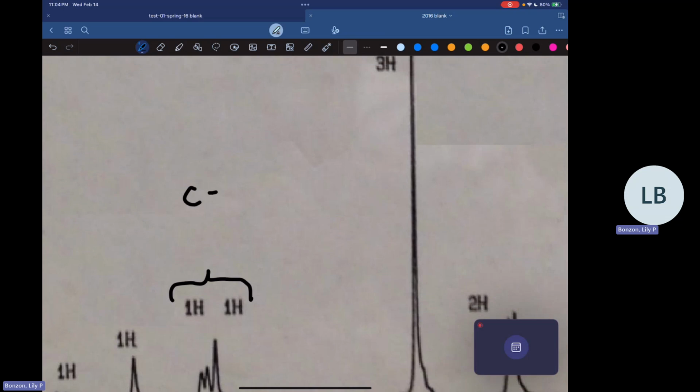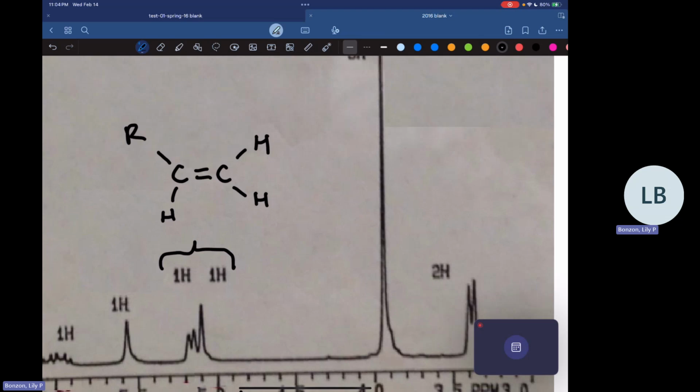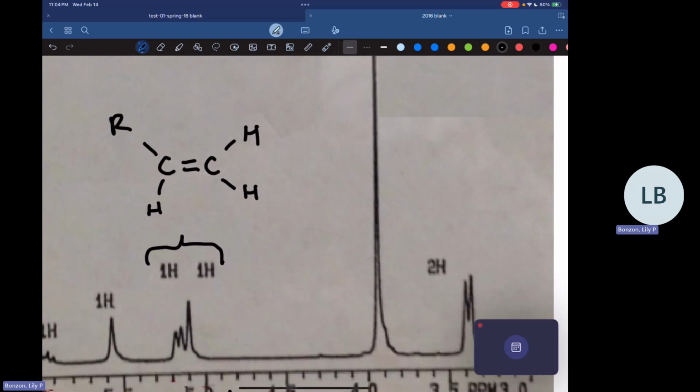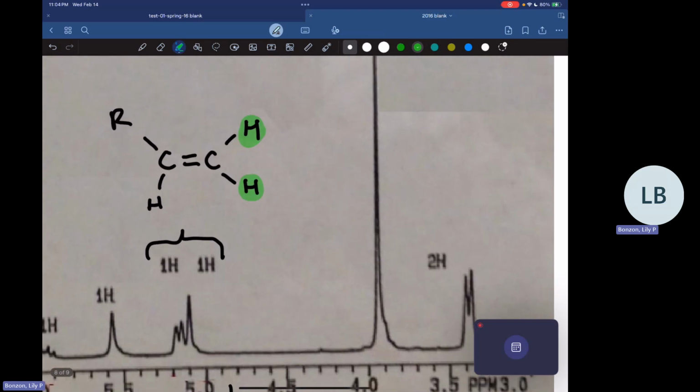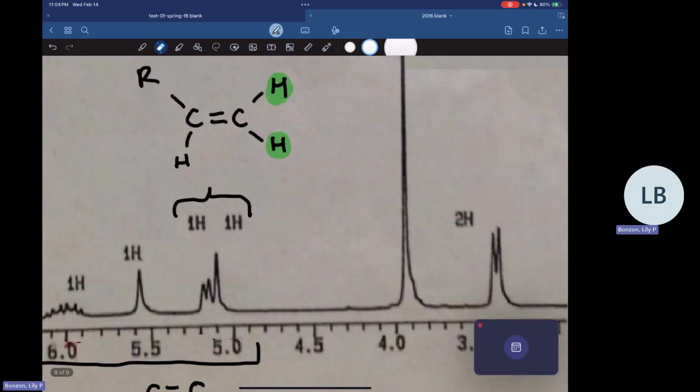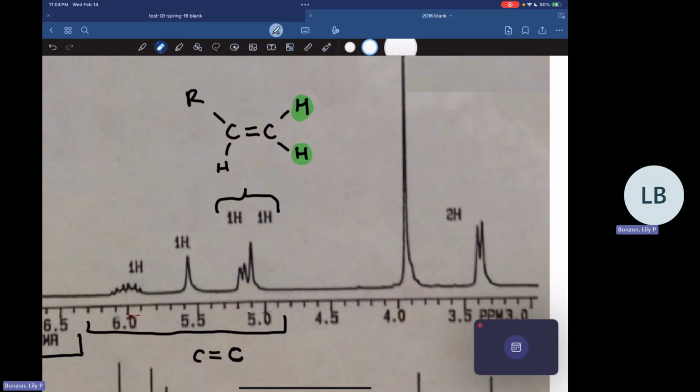The reason for that is if we have our carbon-carbon double bond, we have a terminal alkene here, and these protons are going to be pretty similar because they've got the same connectivity, but they're not going to be exactly the same. Again, going back to that double bond not being able to rotate, they will have steric effects from their neighbors that will make them slightly different. But since their connectivity is the same, they're going to show up very, very close together on the proton NMR. So that's going to indicate that we've got a terminal alkene.